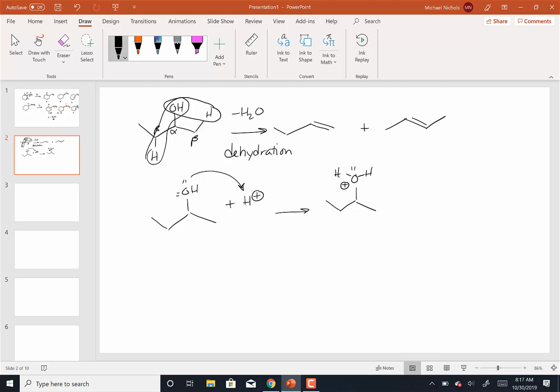And so now I'm going to break the carbon-oxygen bond. I'm going to form water. And then I'm going to have my secondary carbocation.